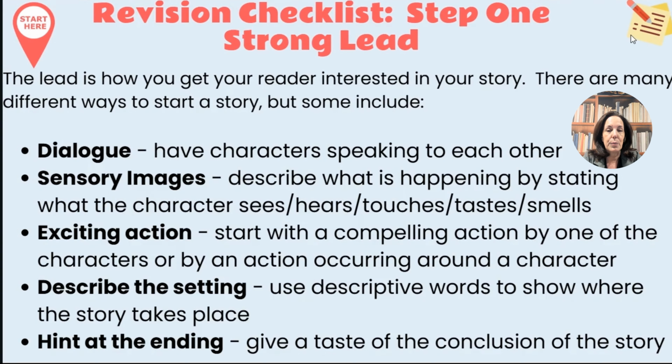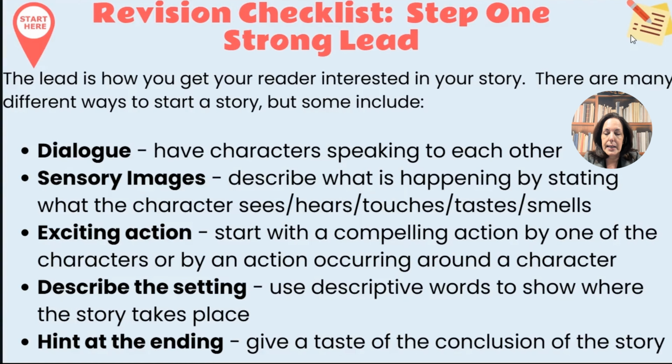There are many different ways to start a story, but here are some that we can focus on today. You can start with dialogue, where you have characters speaking to each other. You can start with sensory images, where you can describe what is happening all around using what the character sees, hears, touches, tastes, and smells. You could start with an exciting action.